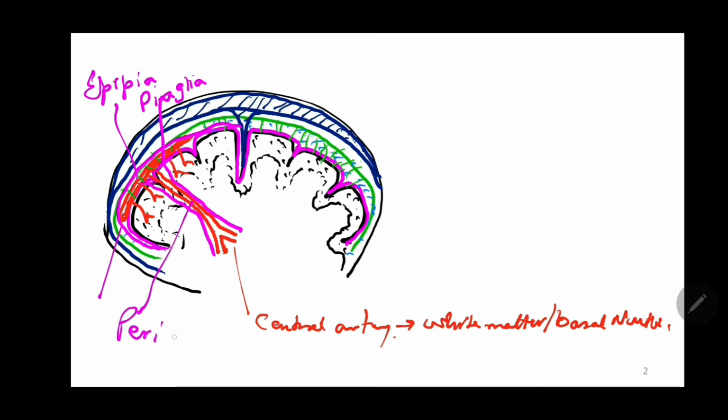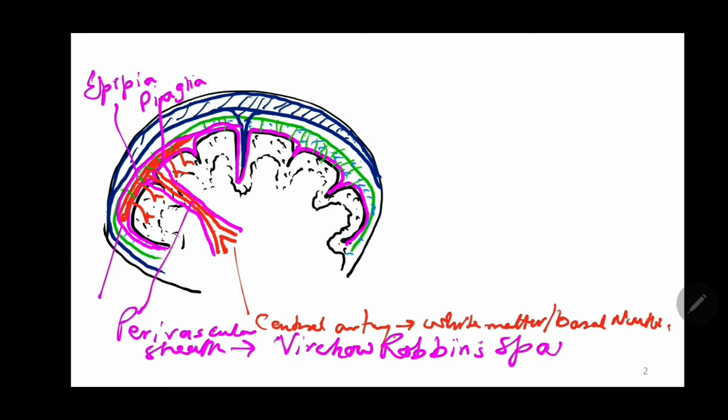This has a special name, after the scientists: the Virchow Robbins space. The perivascular space is also called the Virchow Robbins space.